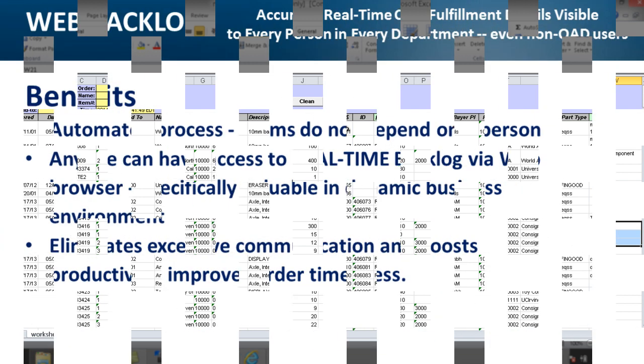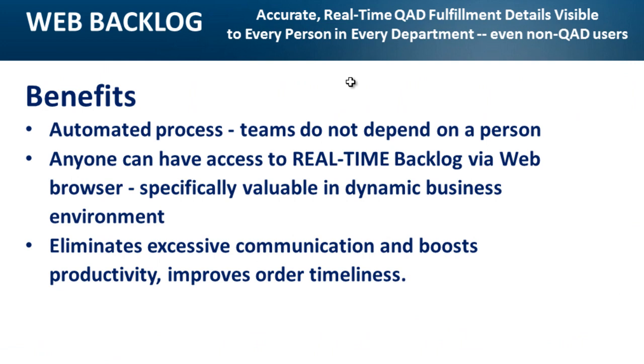And in conclusion, I just want to say that web backlog replaces any manual effort that you require to produce backlog and distribute backlog information to different teams of people while processing the orders, right? And backlog brings real-time information to anyone who requires it, right?